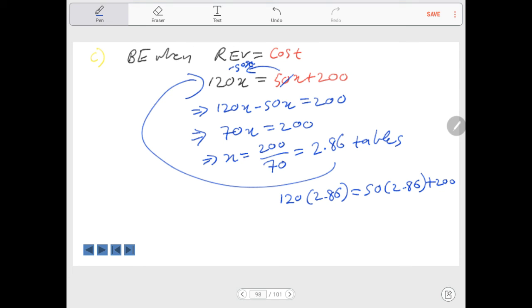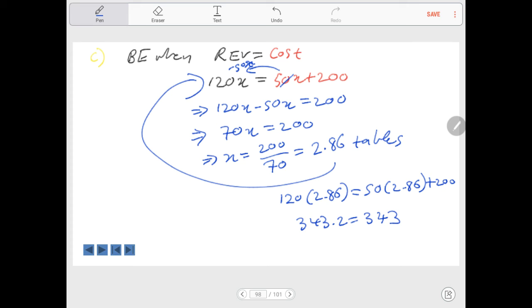So with this one, we get 343 point something. I think it's 343.2 just from my calculations. I'll just double check that. But it's slightly different because we rounded off the number of tables a little bit. So it's 343.2, and on this side we get exactly 343, but close enough there, okay?